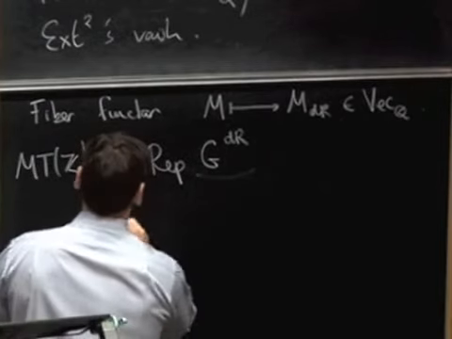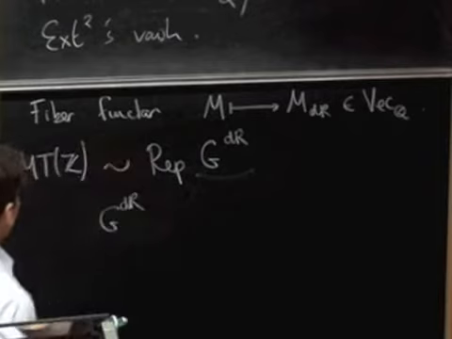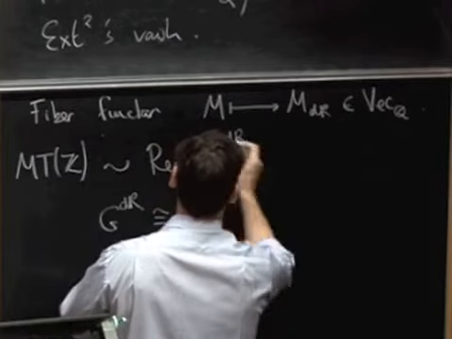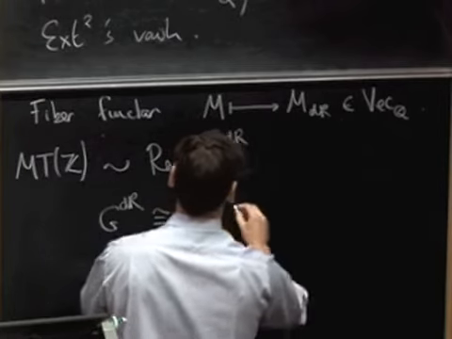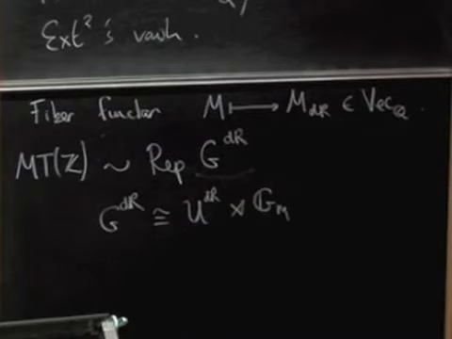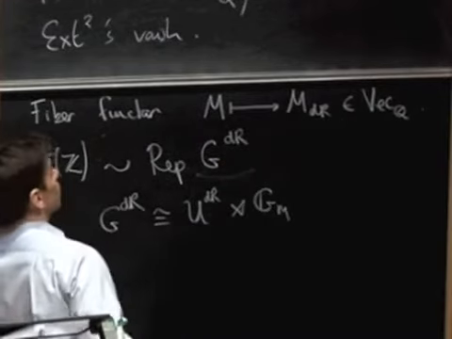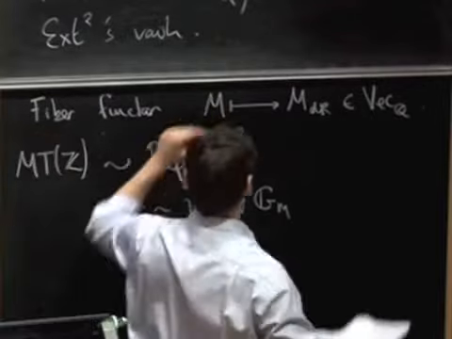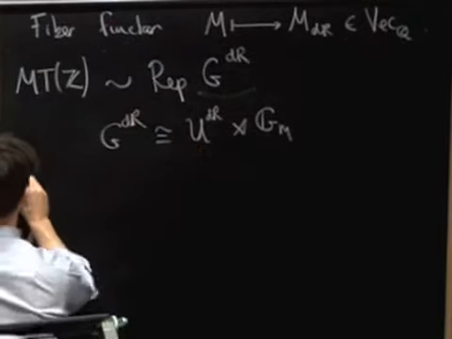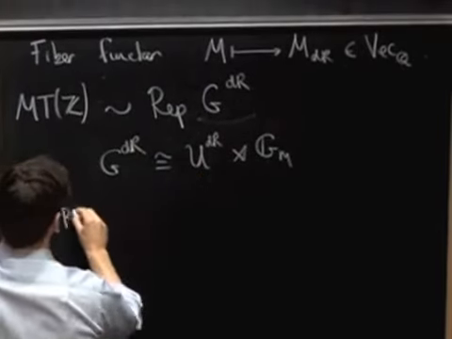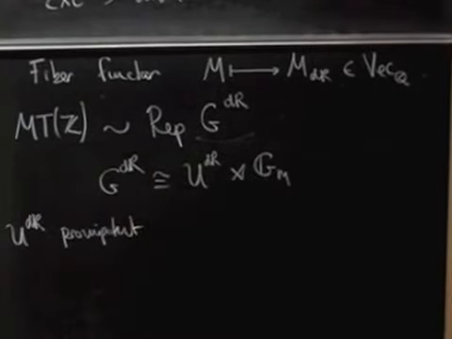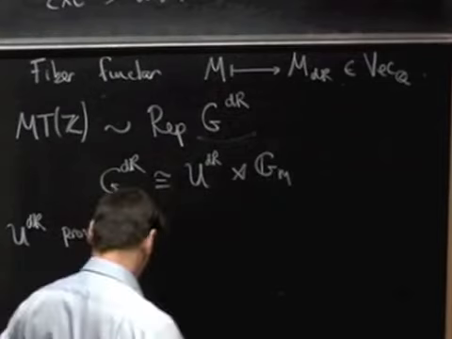G_dR is some very large pro-algebraic group, but we know that it splits as a semi-direct product of the multiplicative group, which comes from the fact that these Tate motives are graded, and another group U, which is pro-unipotent. So it's like infinite upper triangular matrices or something like this.